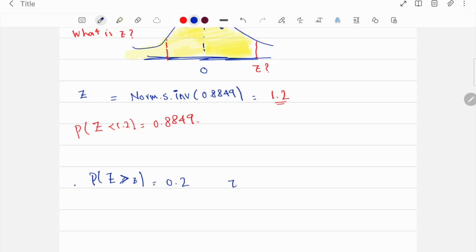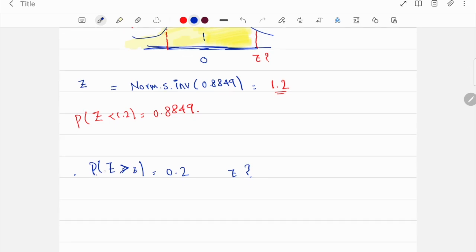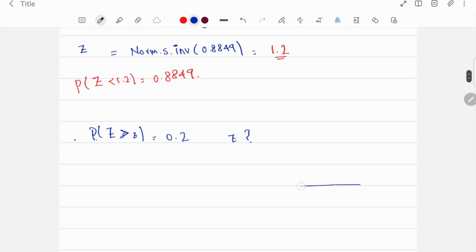Another example. If I tell you that the P of Z greater than a little z is 0.2, what is z? The same thing: the question gives you the probability and asks you to find the z. Let's graph it, because we have to locate the z first. This is 0. What does this mean? The area at the right-hand side of this z is 0.2.